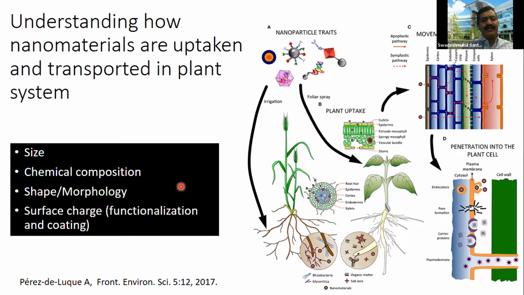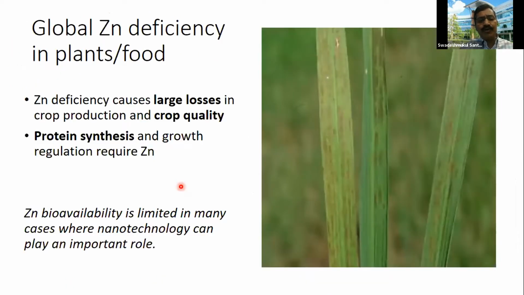So having said that, I would like to focus on a particular element in our periodic table, that is zinc. Zinc is a micronutrient for human health and for animal systems, as well as for plants. It is an essential element for protein synthesis and growth regulation. And if zinc deficiency is there, then you will lose crops and the quality will be compromised.